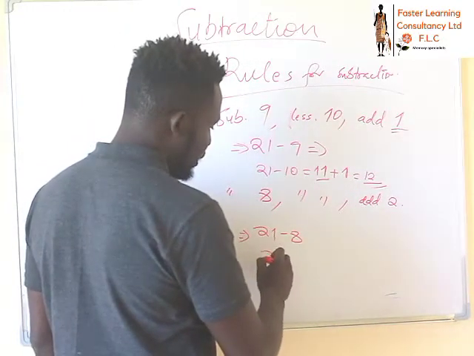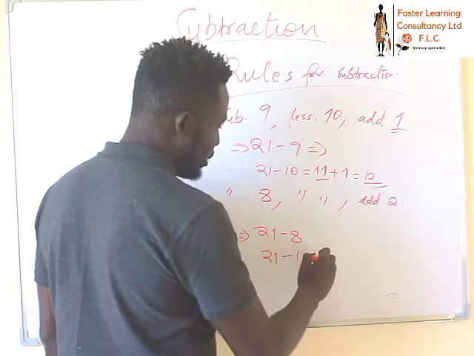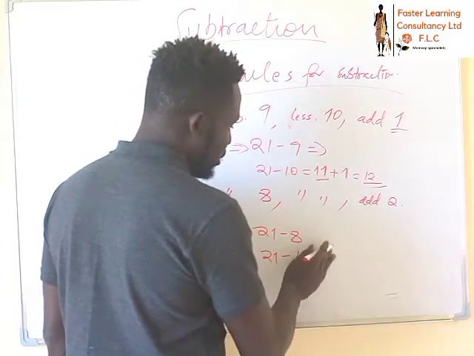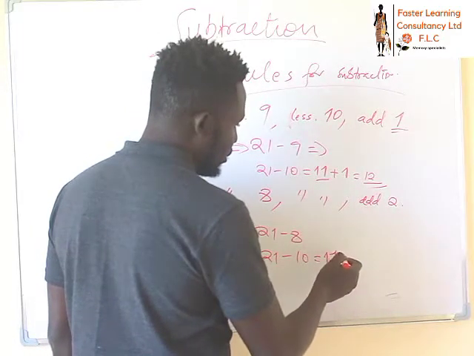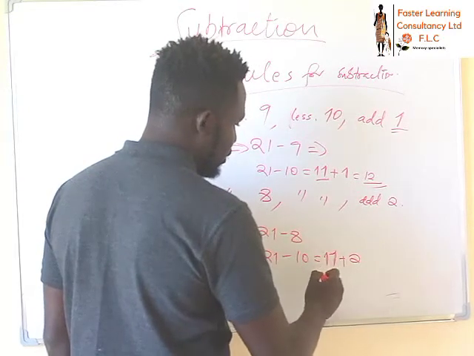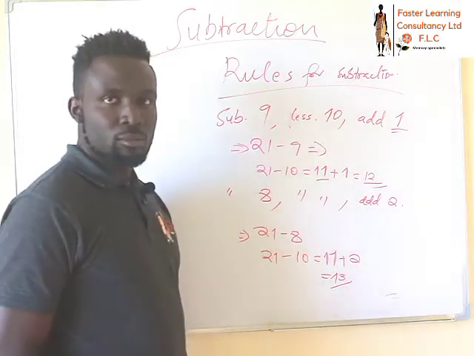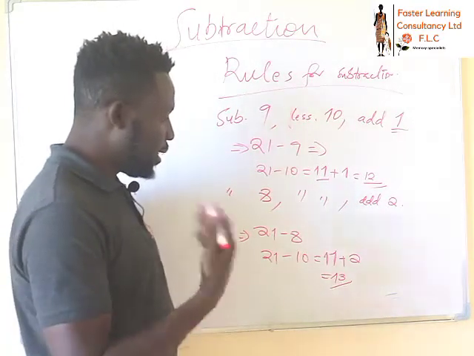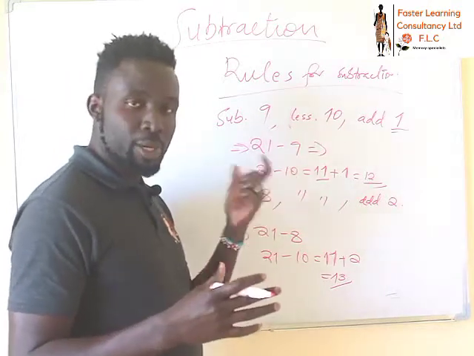We say 21 minus 10 gives you 11, but in this case now we want to add 2, so that gives you 13. That gives you an easy way, and it's more to help you do mental maths.